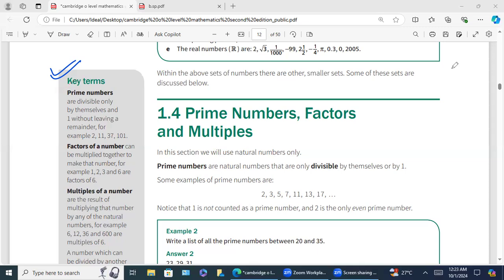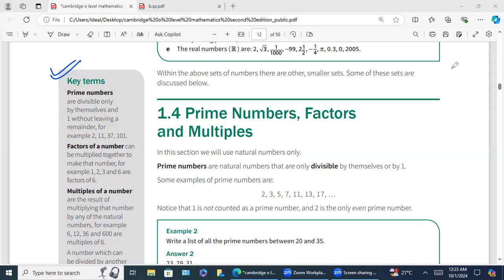Prime numbers are divisible only by themselves and one without leaving a remainder. It is so simple. We can explain it like this: there is no other divisor of a prime number.